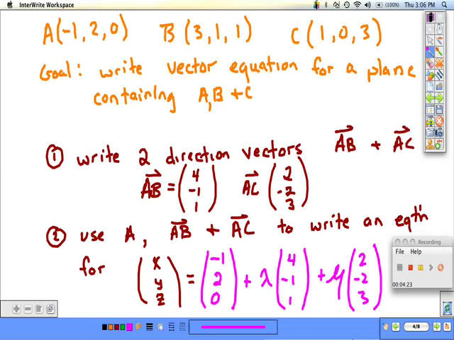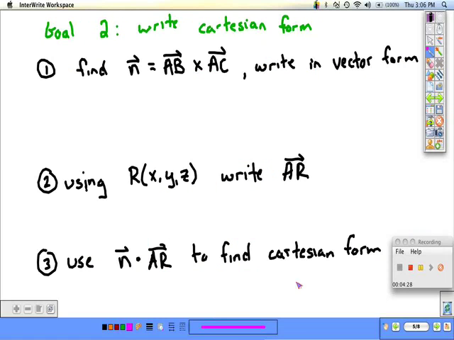There's our vector equation for this plane. Now we want to write this equation in Cartesian form. To do that, we need a normal to this plane. And the normal is defined as being the cross product between any two vectors in that plane. We're going to use those two direction vectors.